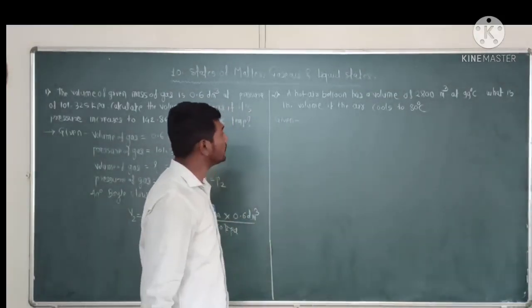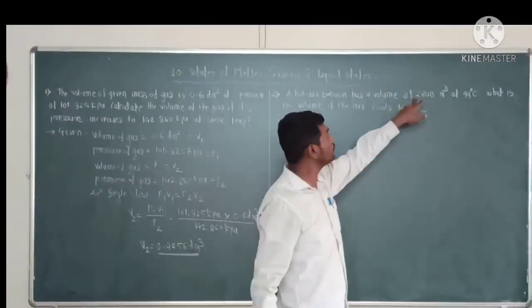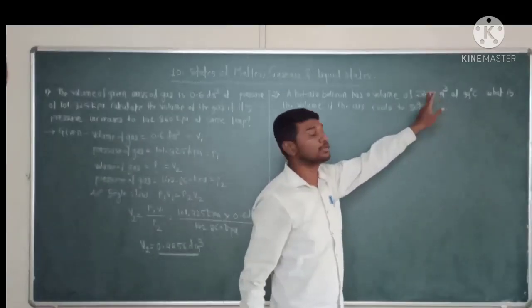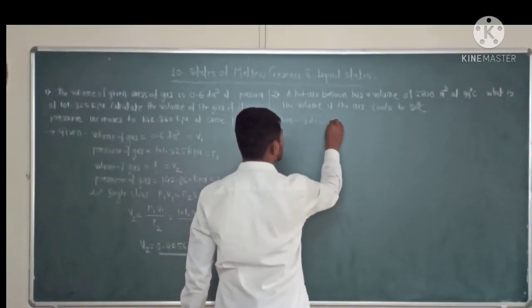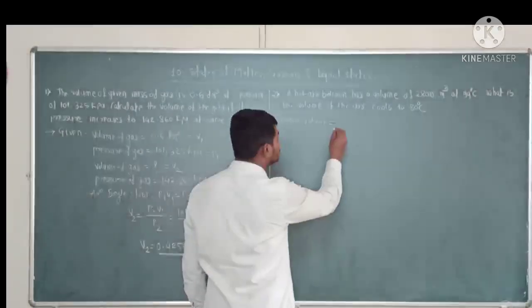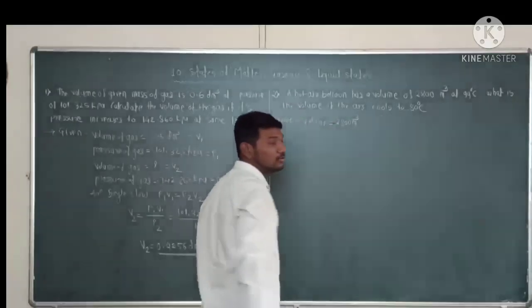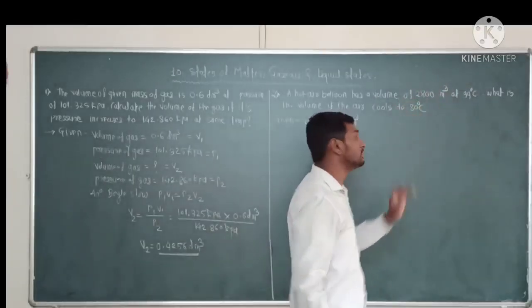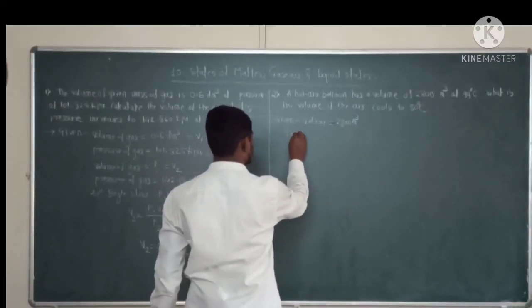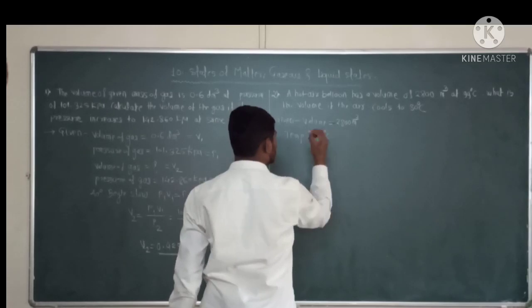First of all, the hot air balloon has a volume of 2800 cubic meter, that is volume is equal to 2800 cubic meter, at 99 degrees Celsius, that is temperature is equal to 99 degrees Celsius.